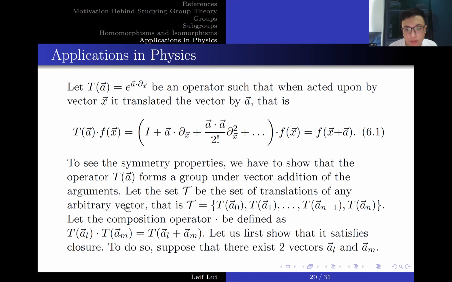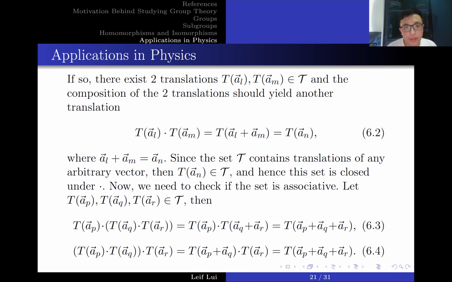Now, let us first show that it satisfies the closure property. To do so, suppose there are two vectors a_l and a_m. Then there must exist two translation operators, T(a_l) and T(a_m), in the set of translation operators, and the composition of the two translations should yield another translation operator.